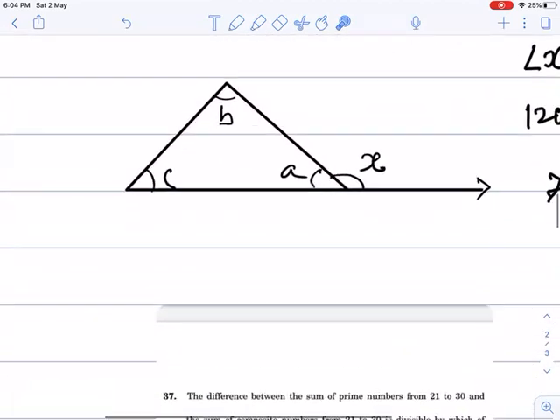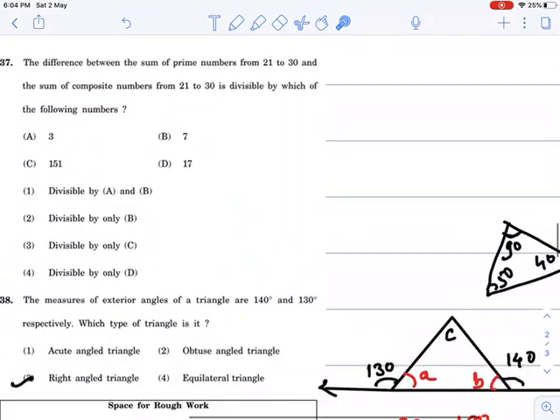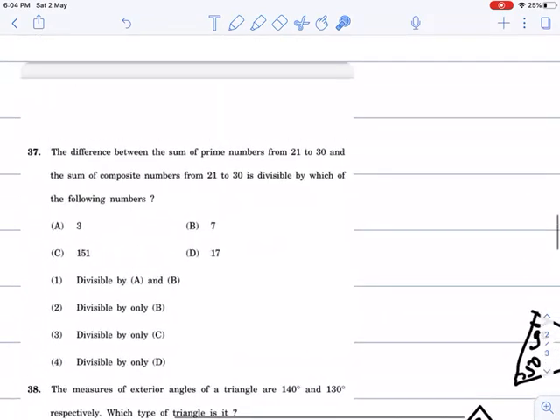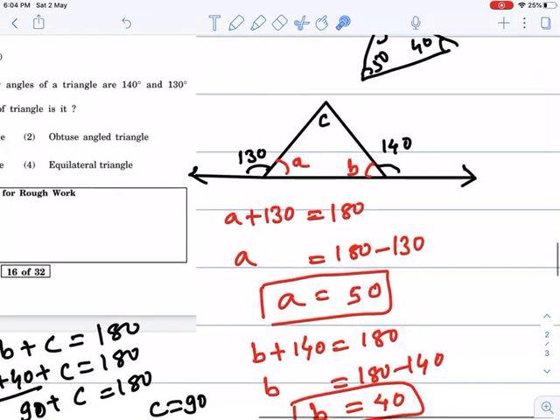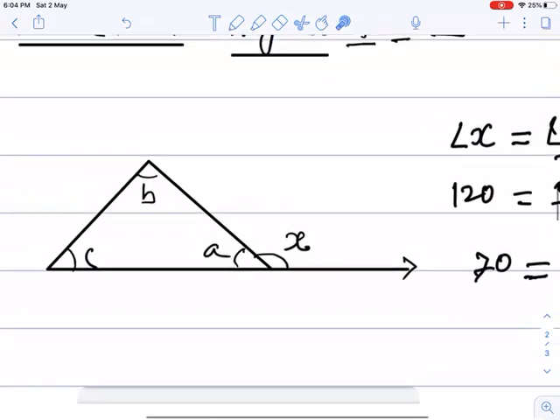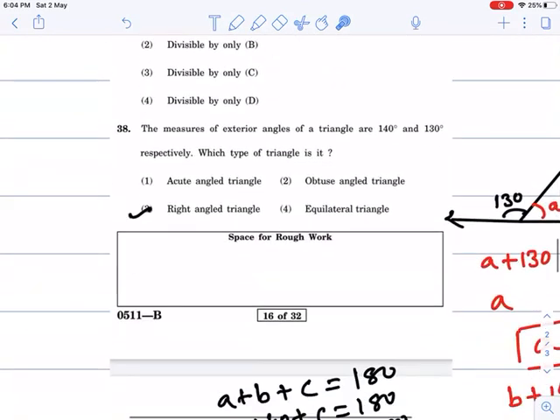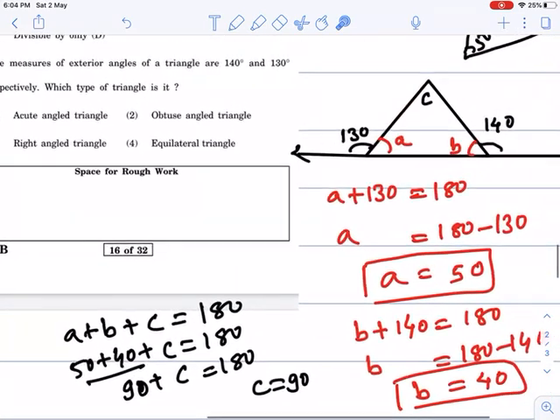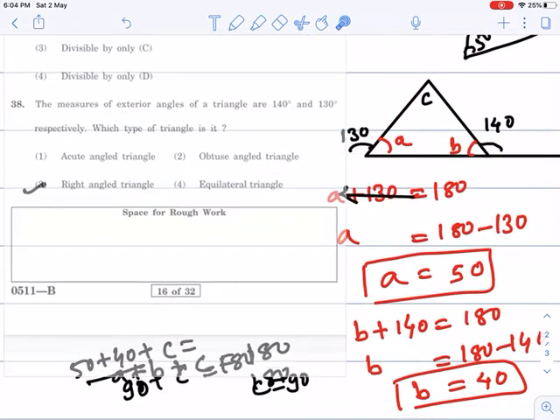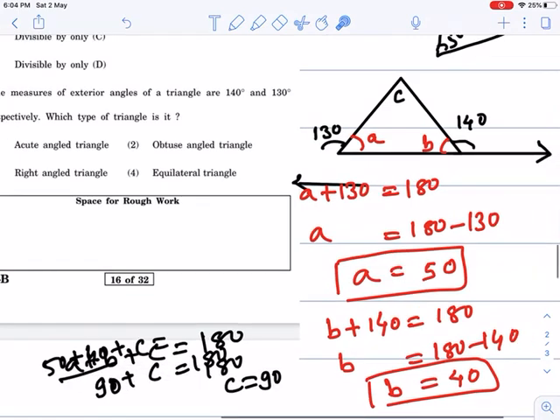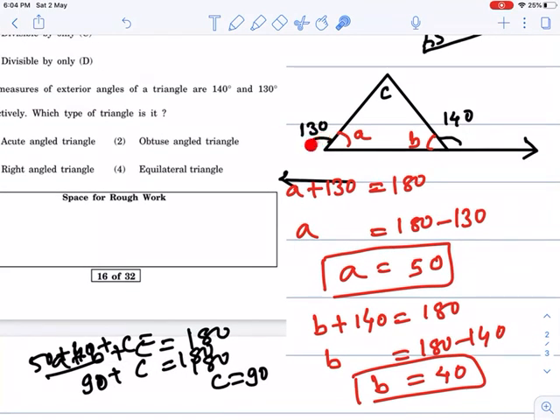Then next we have used the exterior angle property, the property of exterior angles of a triangle. Here there are two exterior angles, one is 140 and another is 130. So two exterior angles are given.